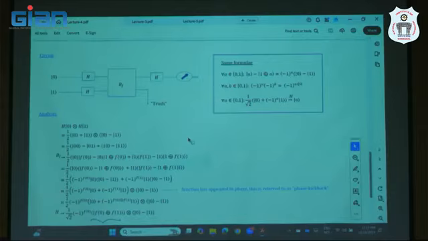What is H ket 0? It is 0 plus 1 over square root 2. Remember, ket 0 goes to a uniform superposition of 0 and 1. Ket 1 goes to 1 over square root 2 ket 0 minus 1 over square root 2 ket 1. Remember the Hadamard transformation: 1 over square root 2, 1 over square root 2, 1 over square root 2, minus 1 over square root 2. The minus is very important. So 1 goes to 0 minus 1. Agreed?